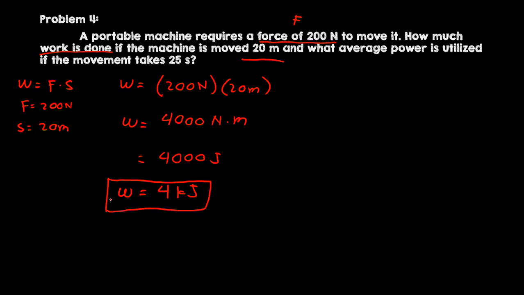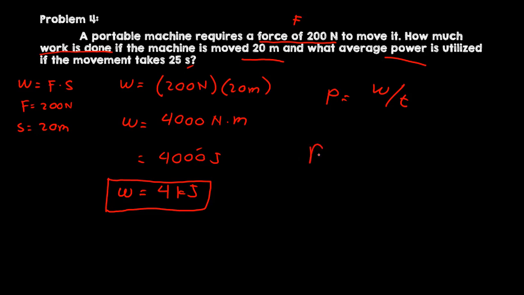Okay, so we found the work done. Next, we need to find the average power utilized if the movement takes 25 seconds. So we need to find power. So power is equal to, let's recall, W over T. W is 4,000 joules and T is 25 seconds.